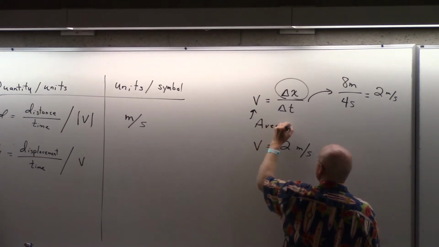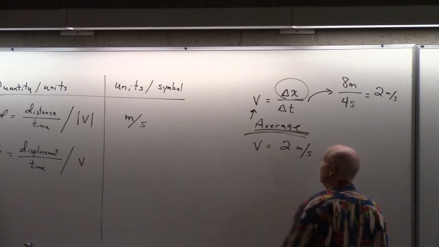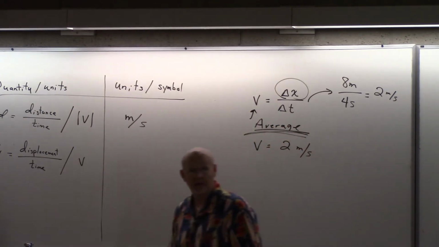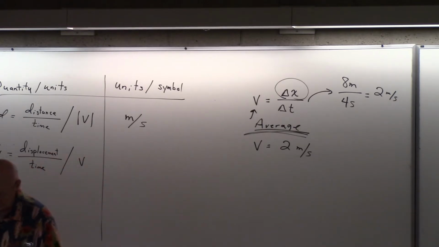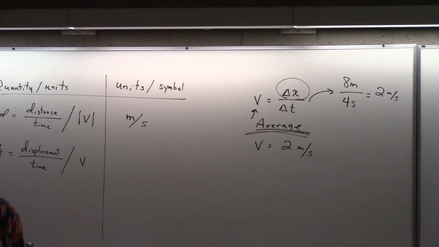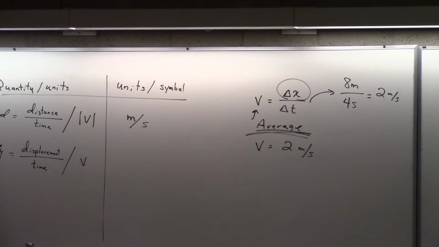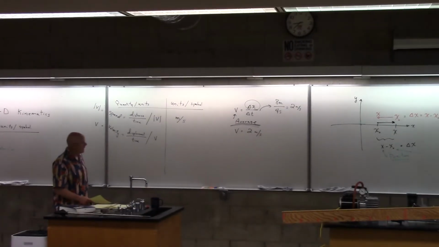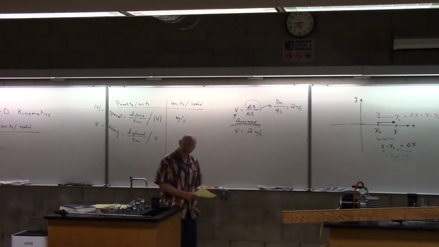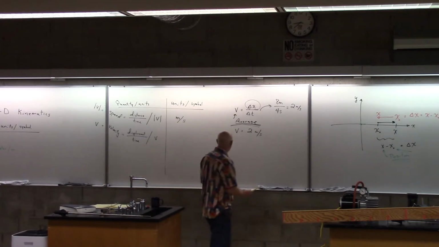Yeah, this is really average. And so if you just take the whole distance and divide it by the whole time, you're going to get an average. And I would say that that can be useful at times.